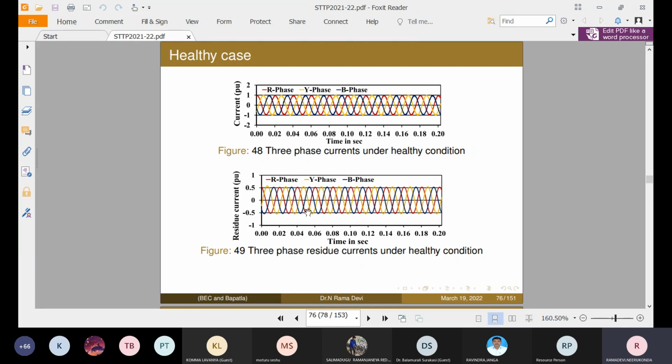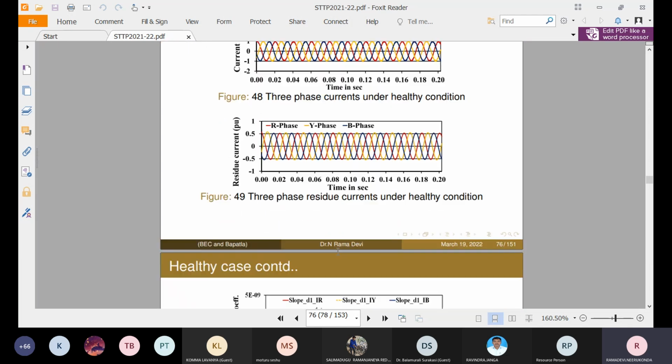Here we see the sinusoidal signal with a smooth line, but here it is not smooth because the noise is along with the sinusoidal supply signal. Under the healthy condition, we reconstruct the signal. That reconstructed signal we call the residue current.